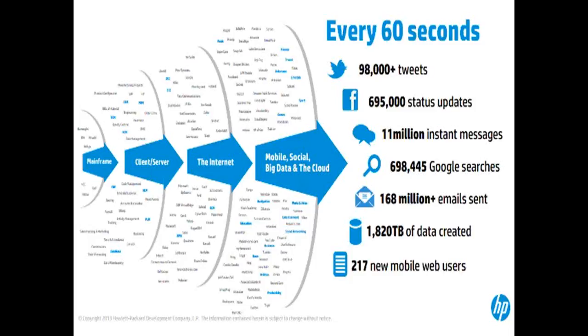So the main challenge is how to handle it, because we can't control it. For example, if I say, please stop using your Facebook and mobile, nobody will stop. So we don't know how to control this big data, so we have to know how to handle it.